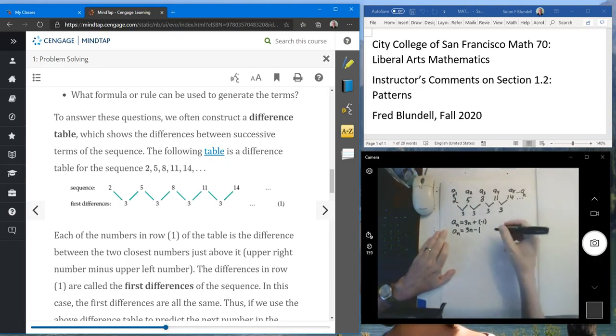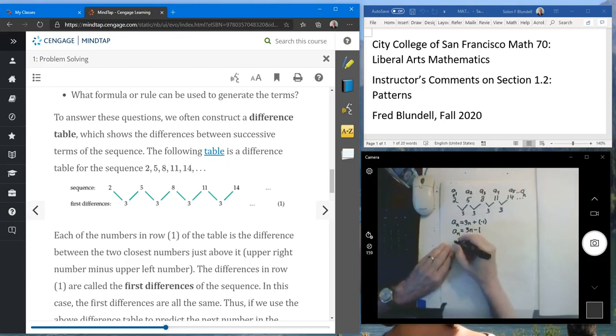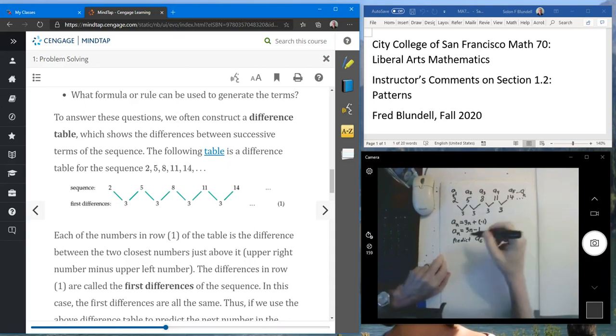Okay, and then we can predict the next number if we want to. We predict A6 equals 3 times 6 minus 1, or 17. It's only a conjecture that it's going to go on like this.